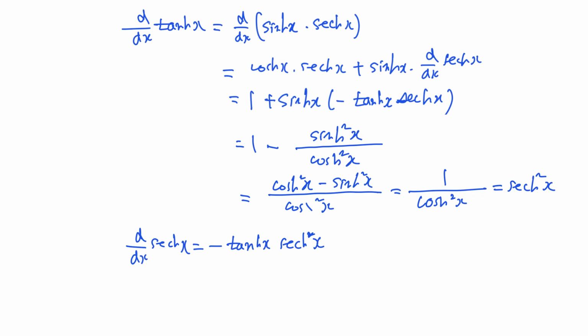If we add them together, what do we get? d/dx of tangent hyperbolic x plus secant hyperbolic x is secant hyperbolic x times secant hyperbolic x minus tangent hyperbolic x.